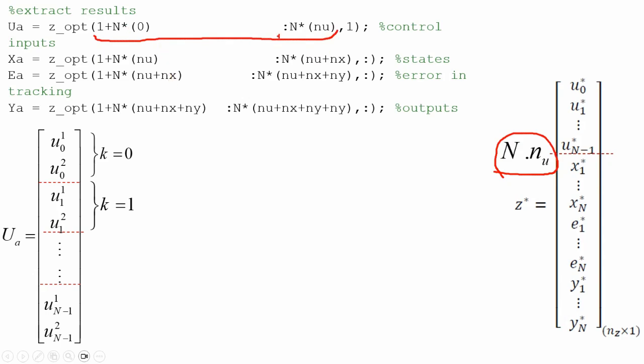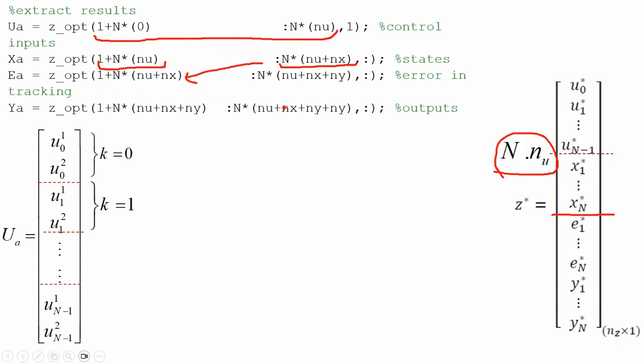For the states, it starts from n_u plus 1, the next element, and it ends obviously here. That vector contains, let's write it this side, n_u plus n_x. So this is the row position for the end of the x part. n_u already comes from the top one, and it has n_x number of elements just for the x, so we add it.